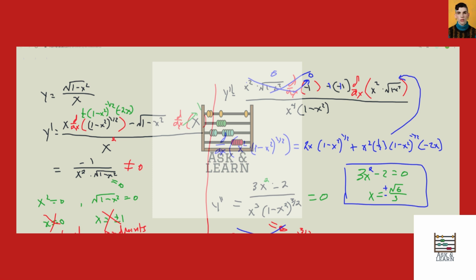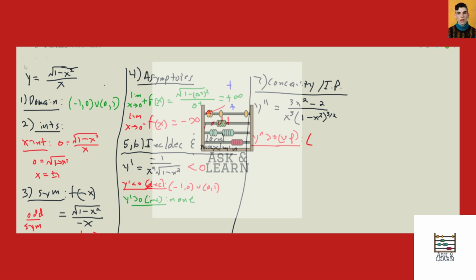All right. So we can go ahead and now actually put that interval here. It should be negative square root of 6 over 3 to 0, and then union square root of 6 over 3 to 1.